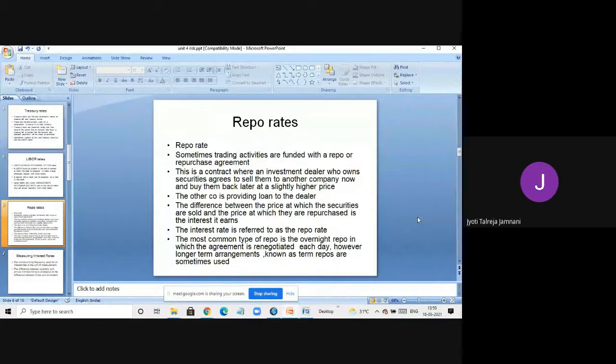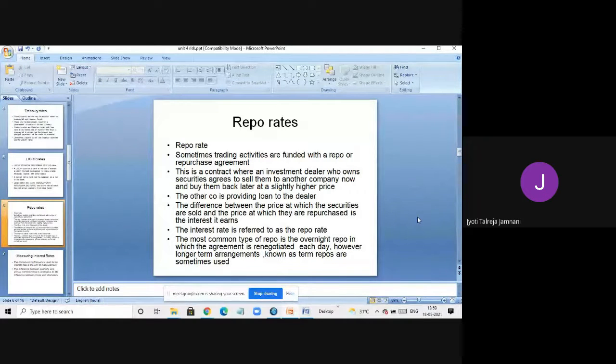So let's take an example. Suppose I have certain bonds with me and I am in need of money. Suppose the value of the bonds is 1000 rupees. I go to Pranali and I tell her, Pranali, please buy these bonds from me today for 1000 rupees. Give me 1000 rupees.